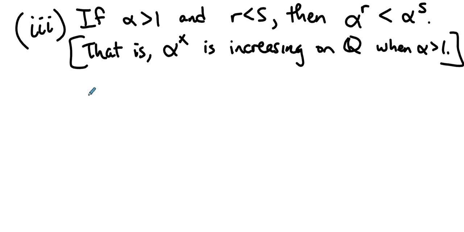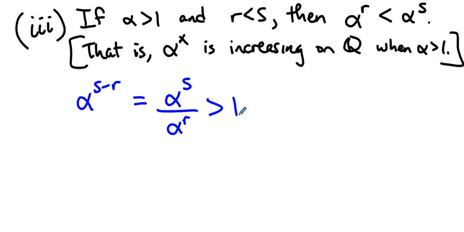Well, we take a look at what alpha to the S minus R is. So alpha to the S minus R is alpha to the S over alpha to the R. But we know that R is less than S, which means that this is a positive number. And because this is a positive number, this says that that's greater than 1.